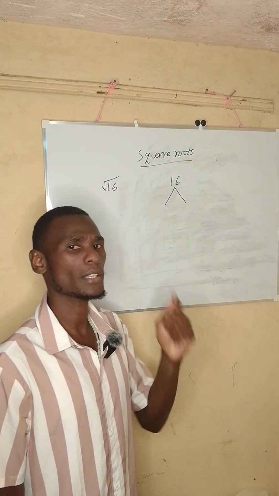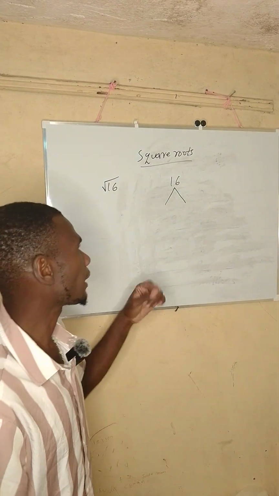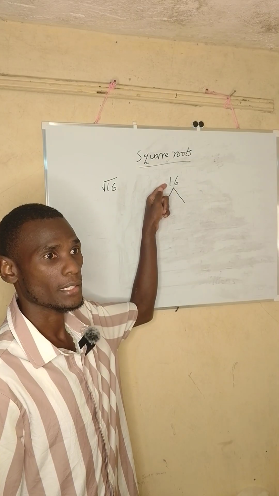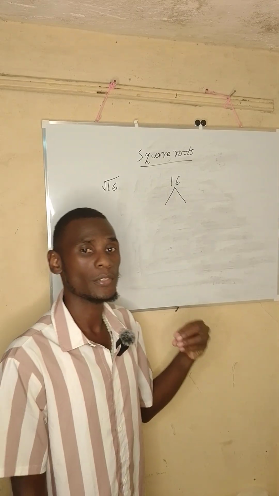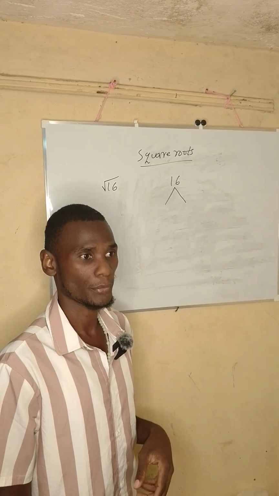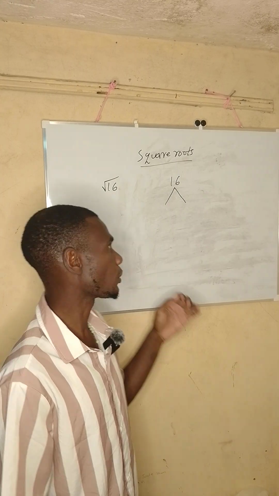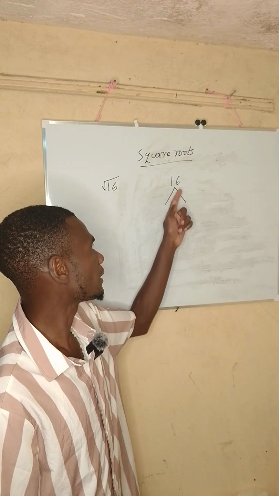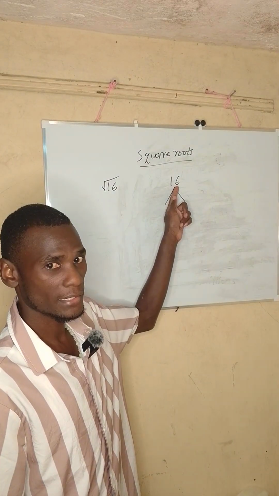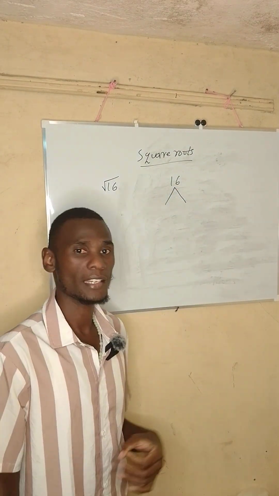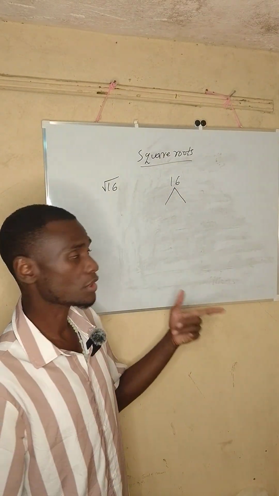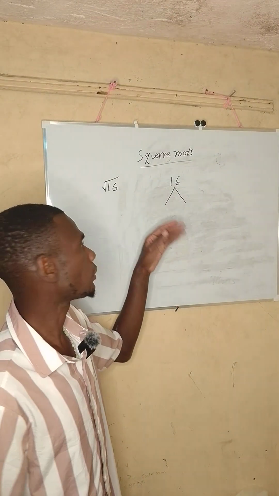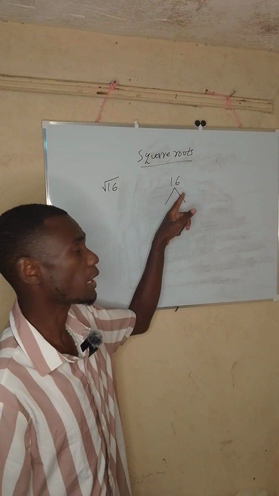Before you start with that 2, make sure that it can divide that 16 without a remainder. Of course, we did the divisibility test of 2 in grade 5. So we know that a number is divisible by 2 if the last digit is 6, like in this case, or 8, or 0, or 4, or 2. So we can easily tell this number is divisible by 2.